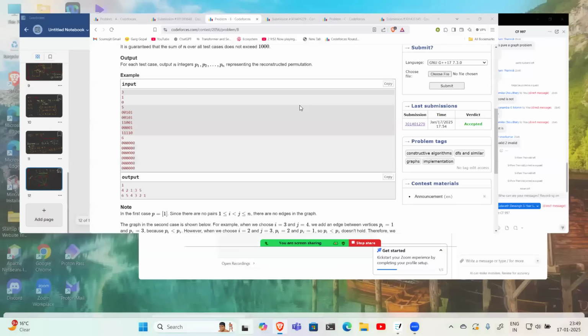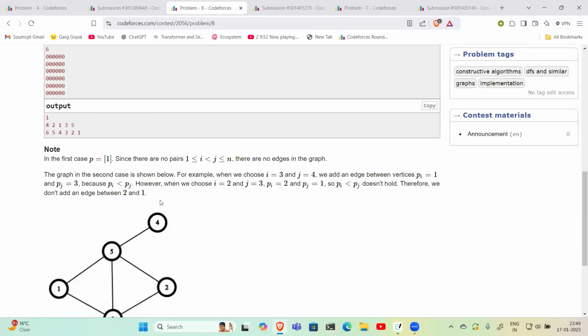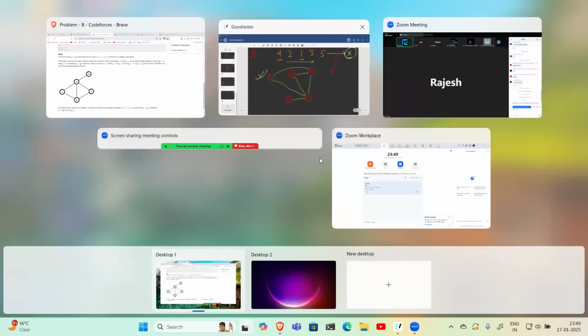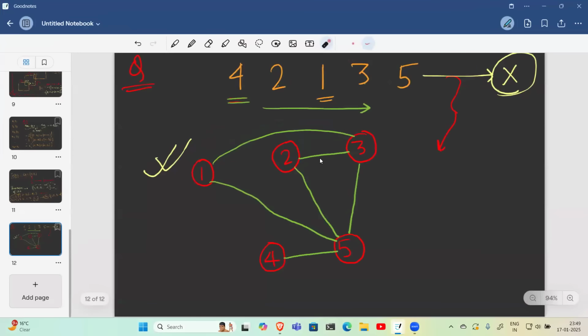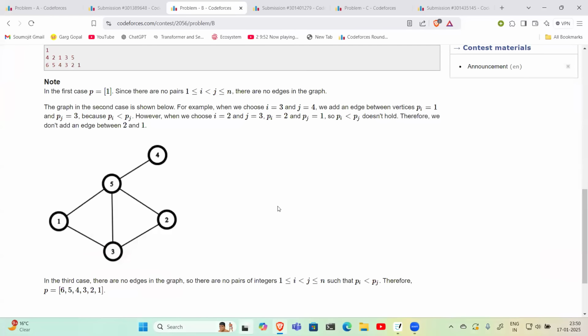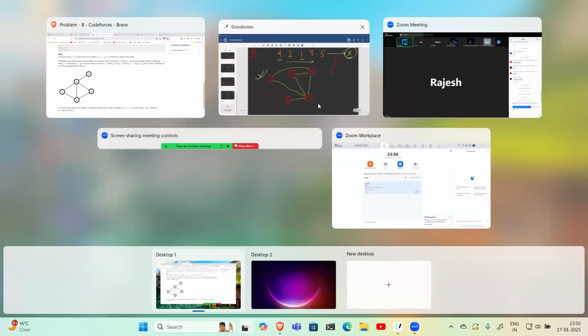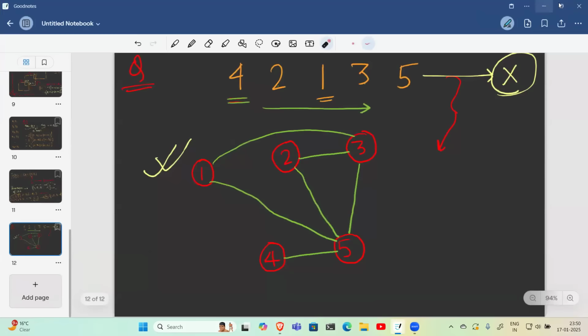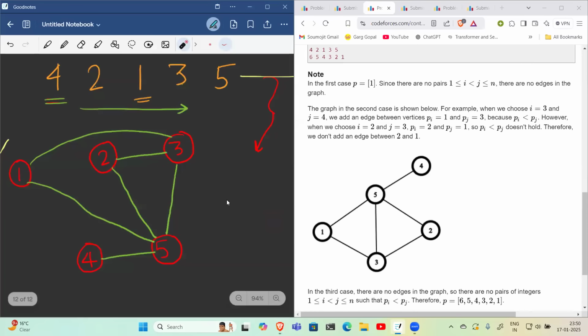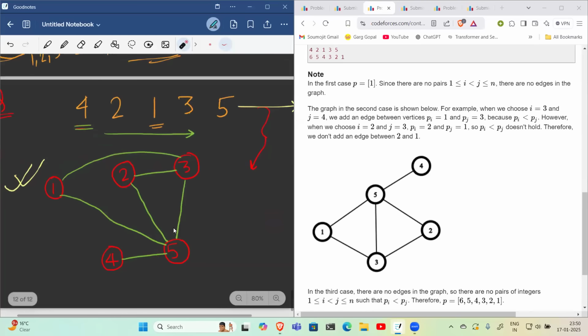If you look at the second test case, this is what has happened. They have given this graph as input. If you look a bit carefully, you will realize, if I have drawn right and have not made any mistakes, that these two graphs are same. Okay, let's check once. Yeah, so you can see that these two graphs are same. There is an edge between 4 and 5.